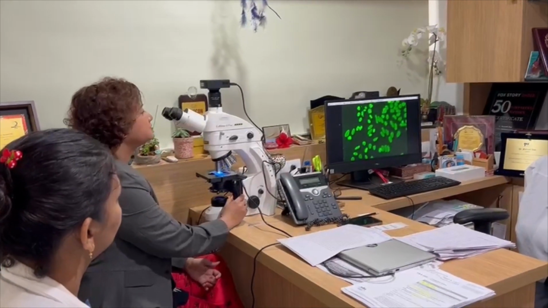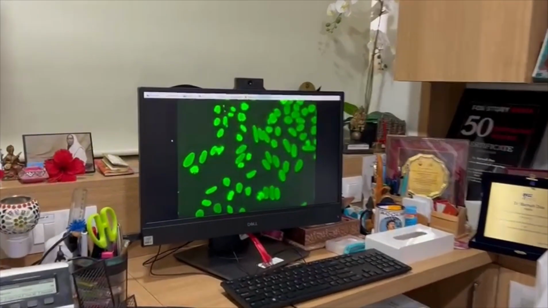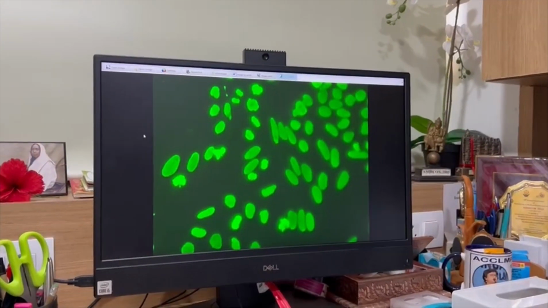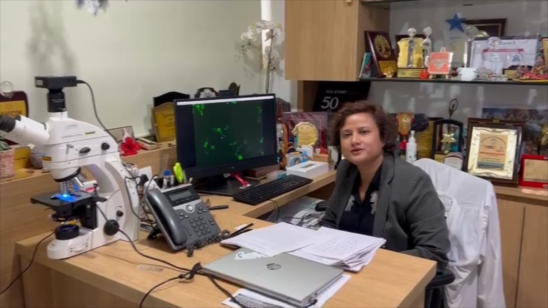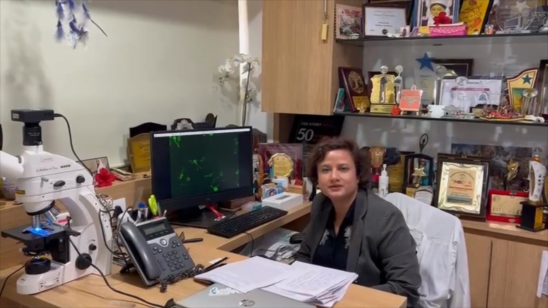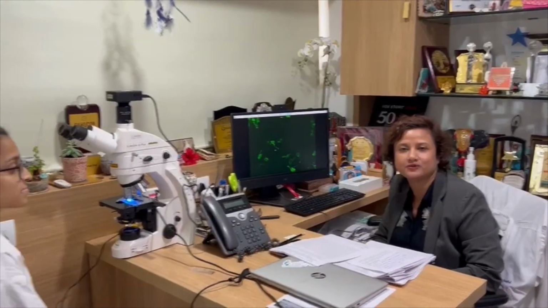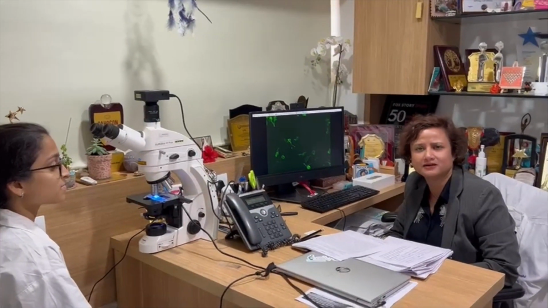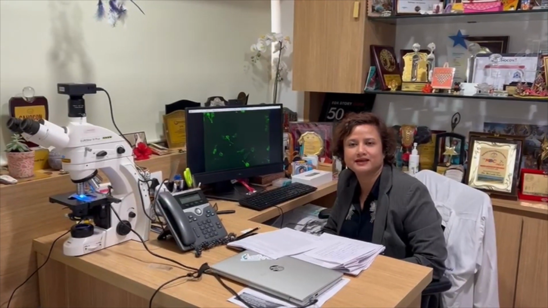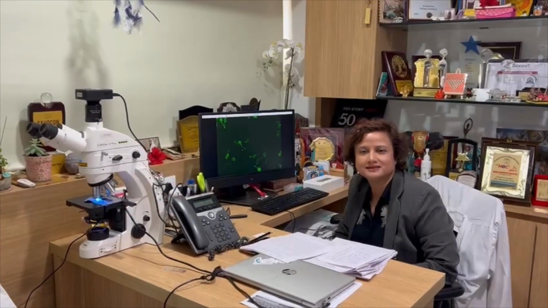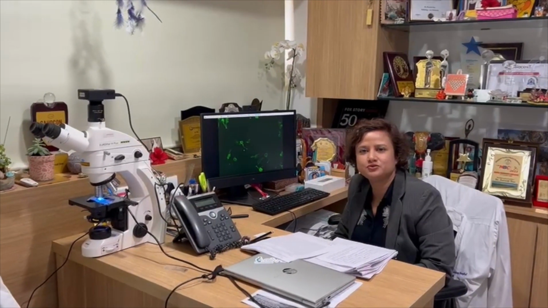This is the immunofluorescence testing we do in our lab. This is positive indirect immunofluorescence microscopy. Neuroimmune markers include anti-NMDA receptor, autoimmune encephalitis, VGKC, LGI1, Caspr2 and many other paraneoplastic syndromes, along with autoimmune markers like ANA, ANCA, dsDNA and AMA. We do all those tests.